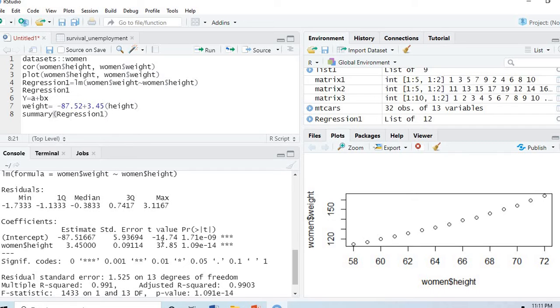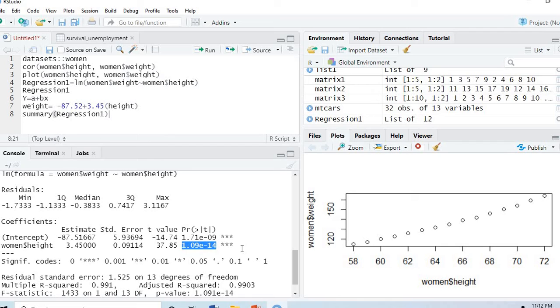Along with that, the t-value of this independent vector comes to 37.85, and the last column, Pr, is 1.09 e raised to the power minus 14. If we solve this, 1.09 e raised to the power minus 14 will be 0.000.